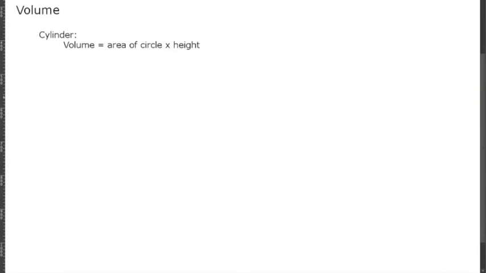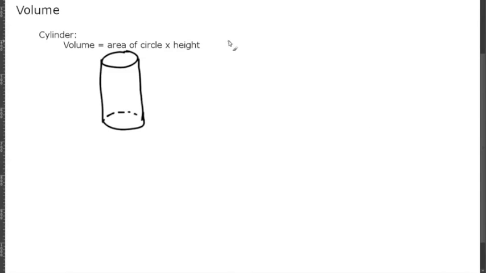For a cylinder, now looking at a cylinder, volume is the area of a circle times the height. And what I mean by area of circle is the area of the circle on the top or the area of the circle on the bottom, because in a cylinder, both are going to be the same.